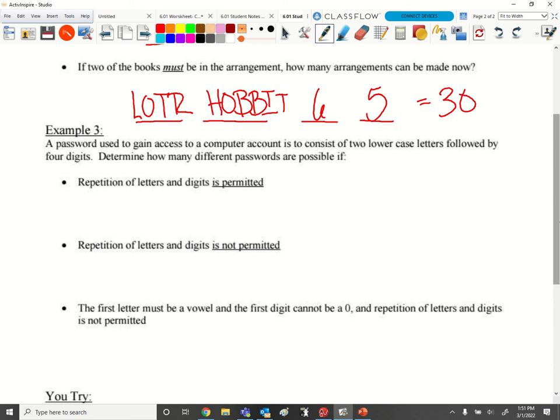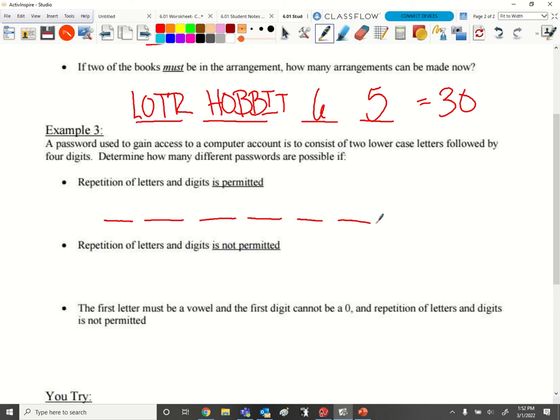So instead of just 26 letters in the alphabet, you will have 52, because you have a capital A and a lowercase a. So now we have 2 letters and 4 digits.